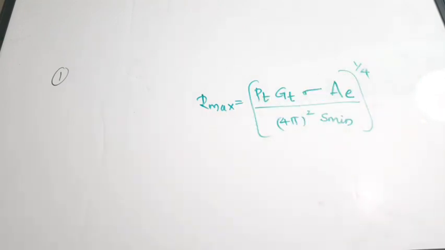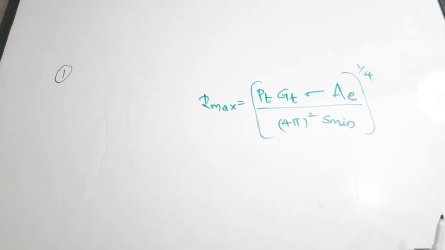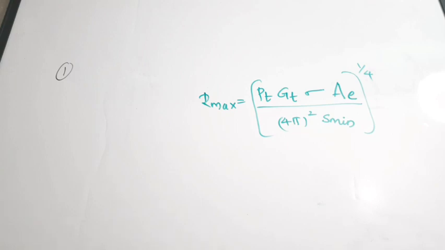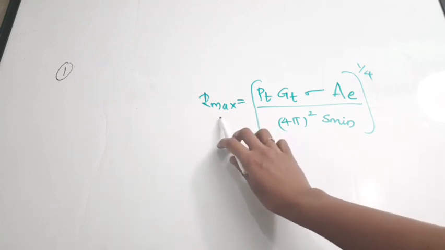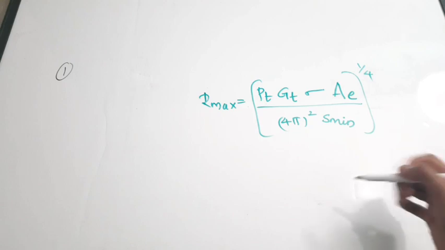So this is the relation. Now let's see the 1, 2, 3 relations. The first relation is R is proportional to PT raised to 1 by 4. It is correct, right? That is a correct relation.